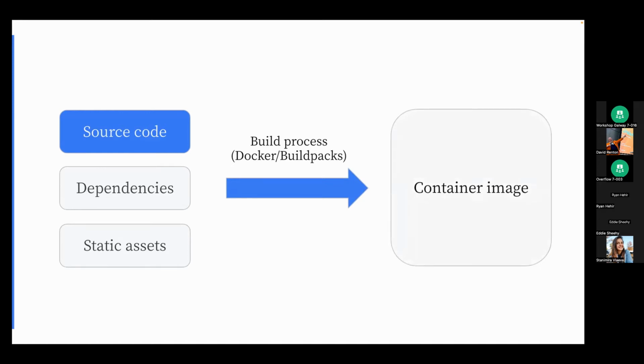Usually you can use Docker or buildpacks to build your application and package it as a container image. Being a container image ensures that it can run in any environment. So it's a self-contained piece of software that can be executed anywhere, and it contains everything that our application needs to be running.